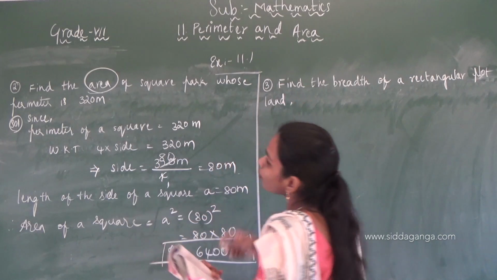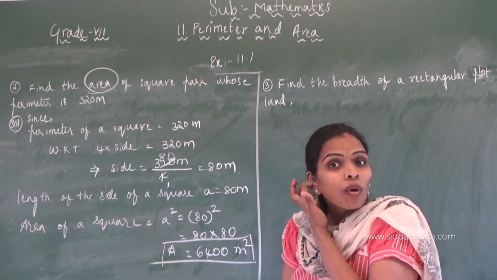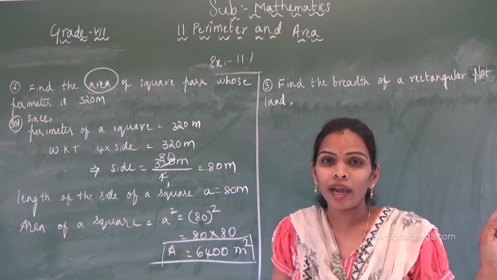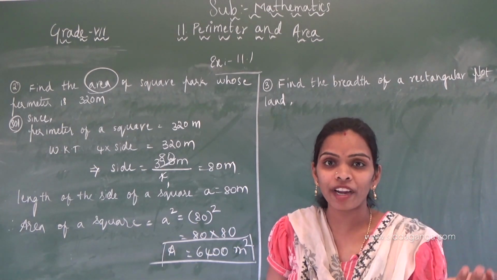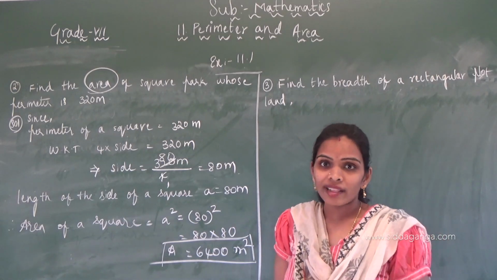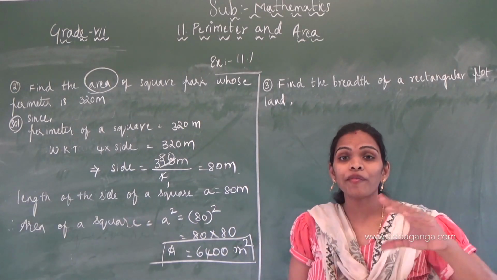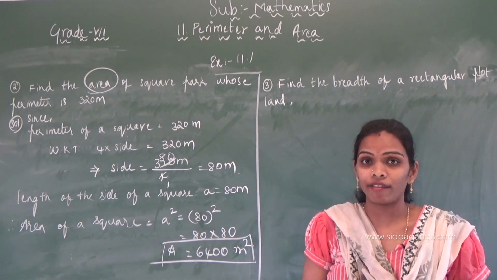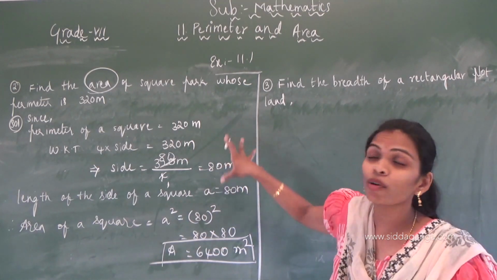In 6th you all did how, if they give length and breadth, or if they give length and area, you have to find its breadth like that. But here, how it will be useful in your real life, that we are discussing here.